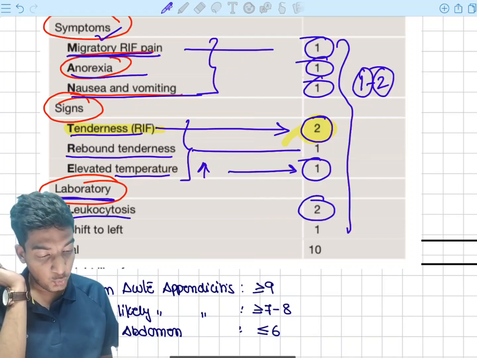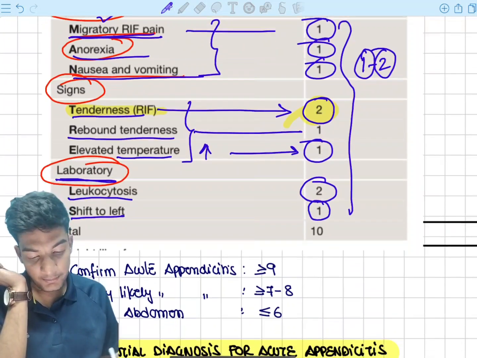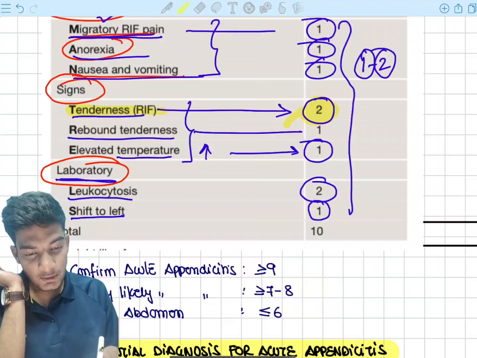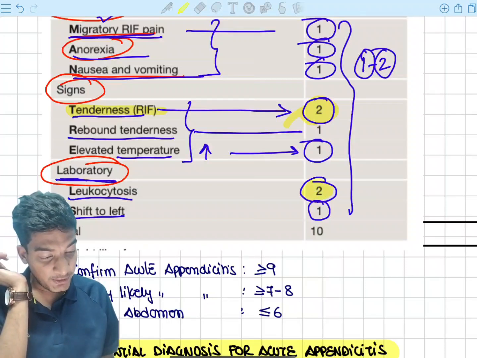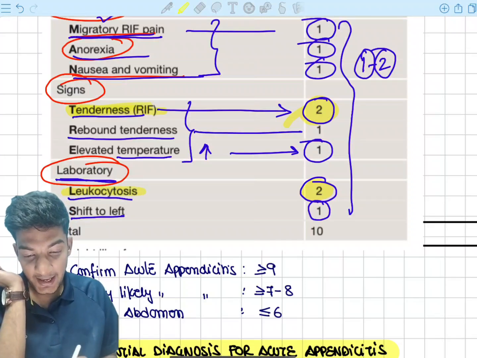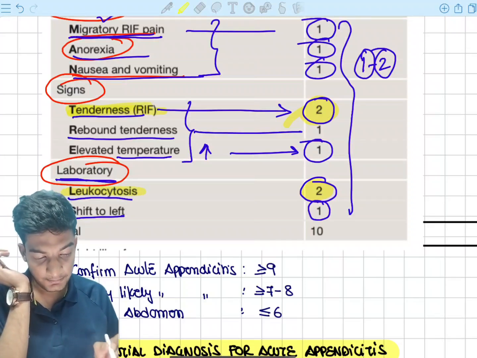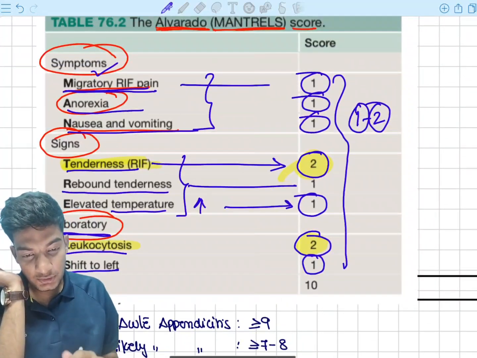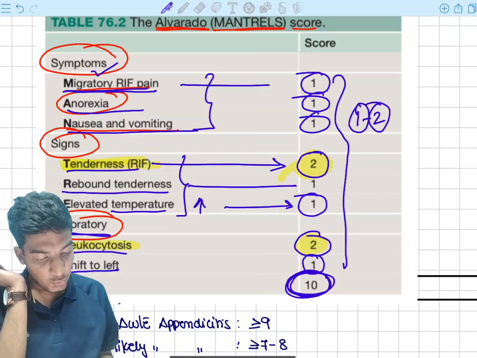Leukocytosis will score 2. Shift to left scores 1. So the two things scoring 2 are leukocytosis and the tenderness in right iliac fossa. Fine. So this concludes the total score to be 10.